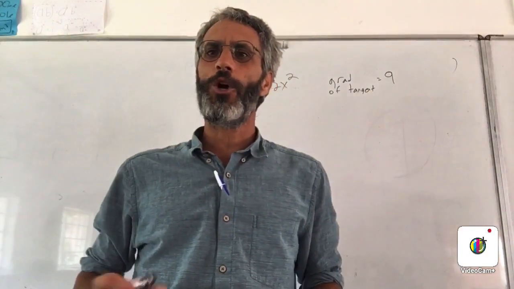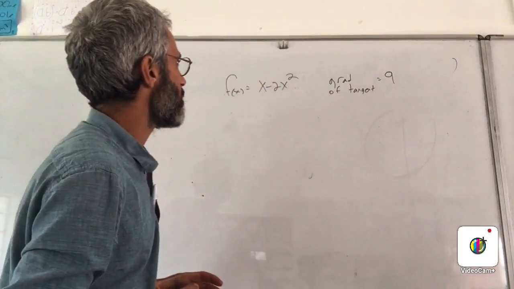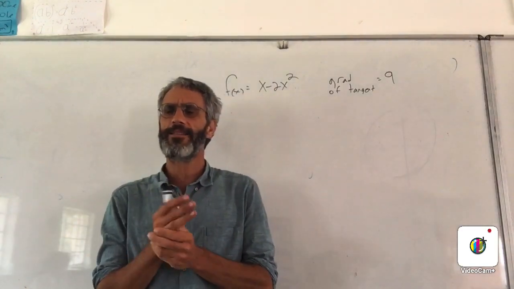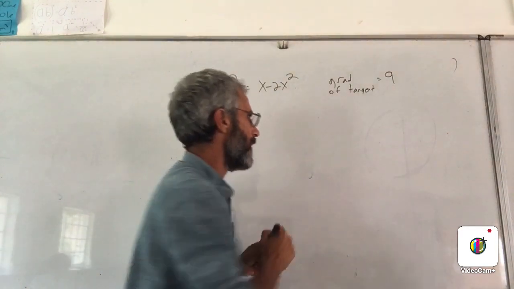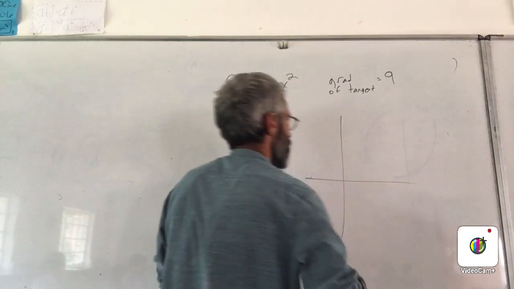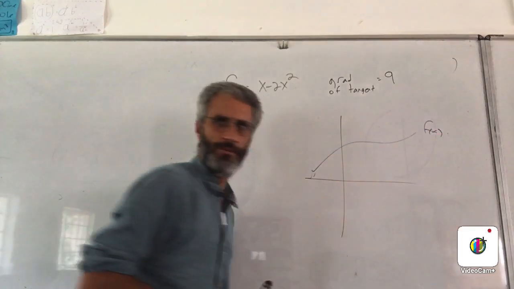We are carrying on with derivatives, calculus. This is really the second part of the lesson that we had yesterday. Yesterday, if you remember, we were looking at curves. So we have some kind of curve with a certain function.